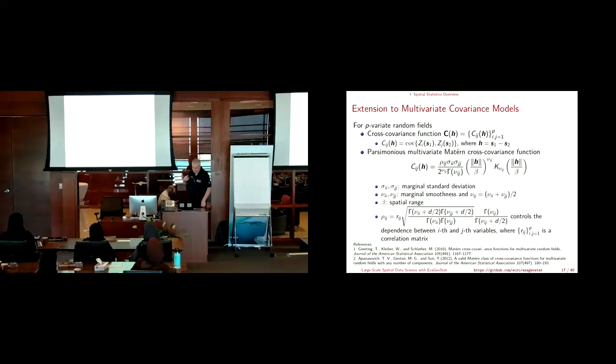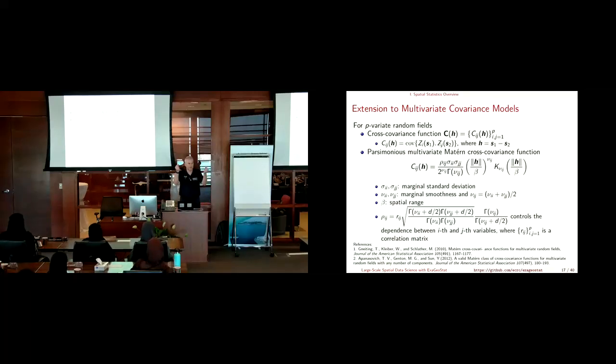If the random field now has p different variables, say p equal 3, it could be temperature, pressure, and wind speed, then this covariance function becomes a matrix of dimension 3 by 3. It's called the cross-covariance matrix. Each entry describes the covariance between the variable zi and the variable zj at two different locations.